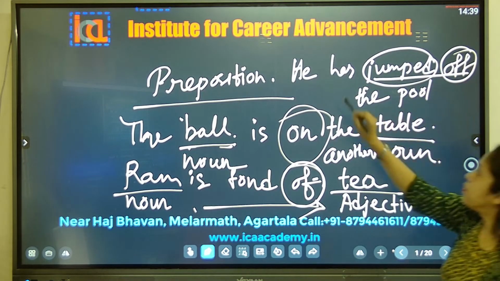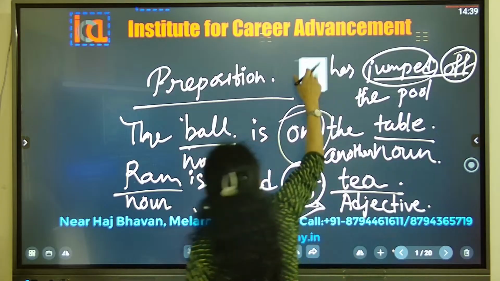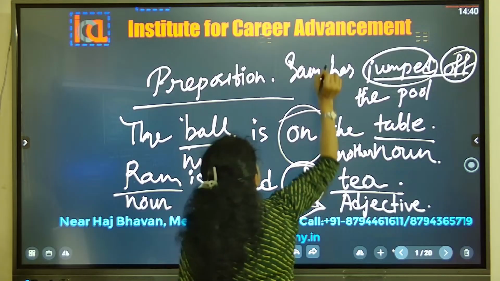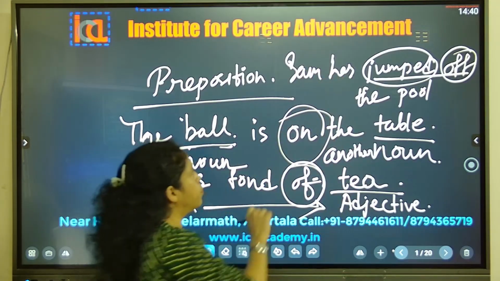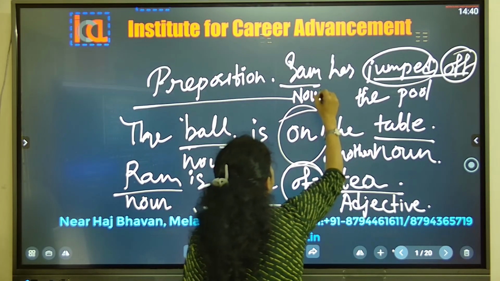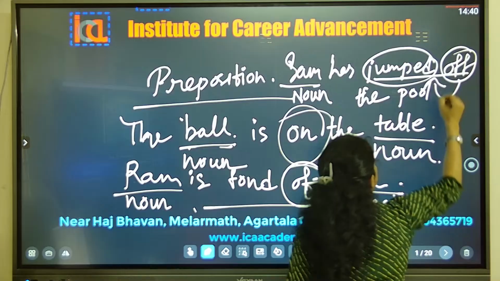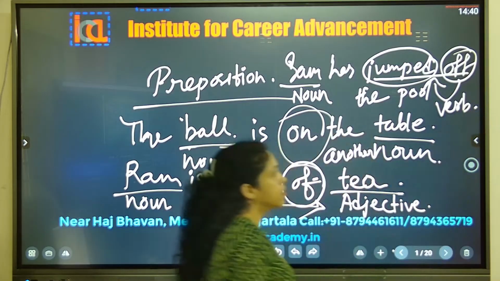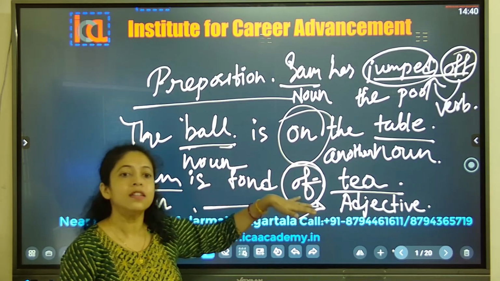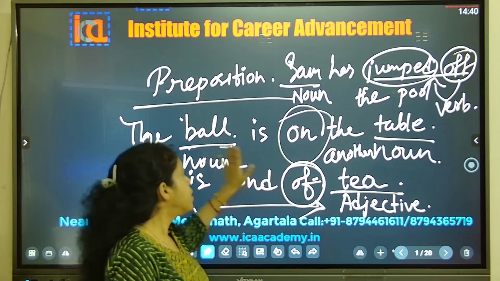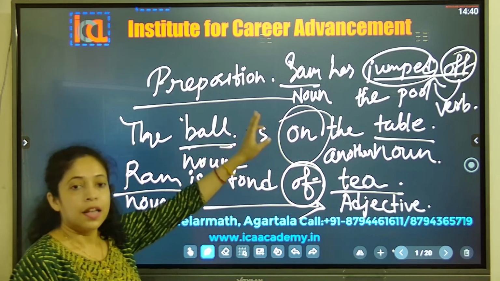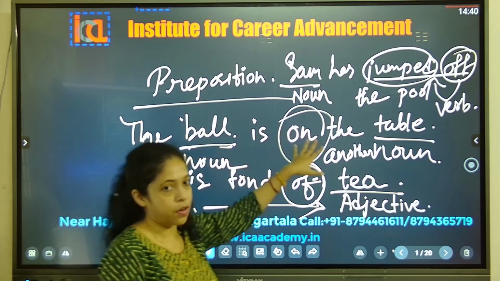Let us replace the pronoun: Sam has jumped off the pool. Here the preposition is added with a verb. So in three ways we can use a preposition: noun with another noun, noun with an adjective, and preposition adding with a verb.